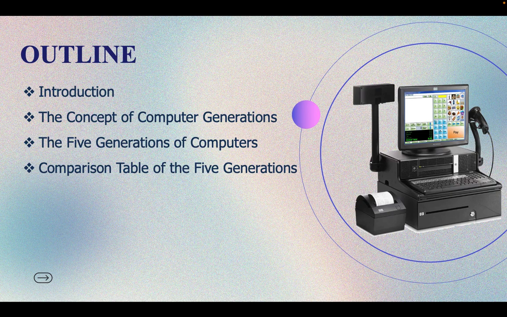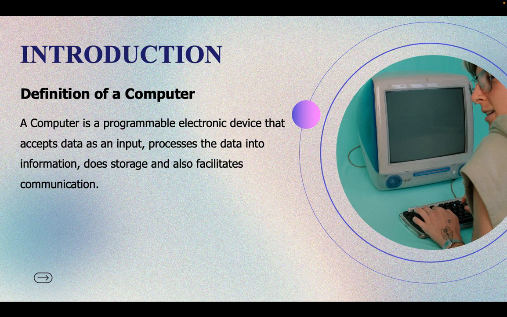Then we'll also look at the comparison table of the five generations of computers. Then we'll look at the summary and we will do some assessment based on what we have learned. Let's dive straight into the presentation.